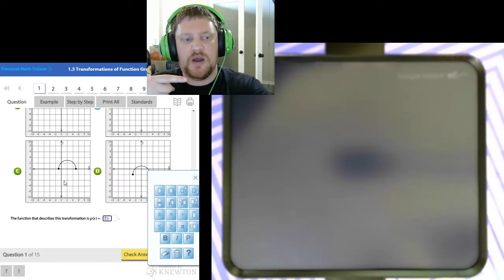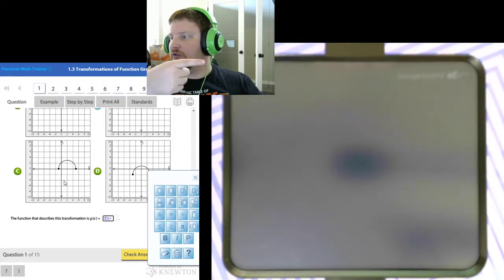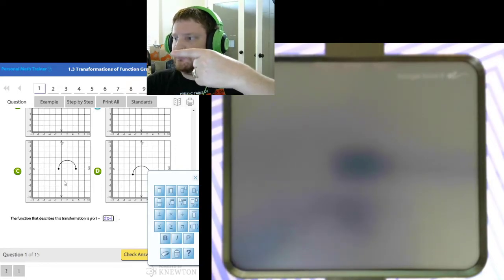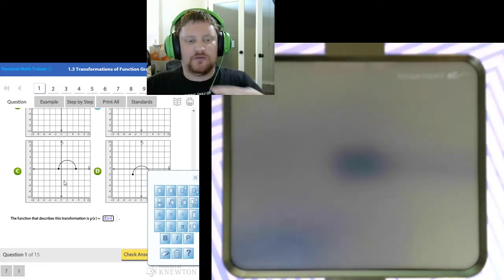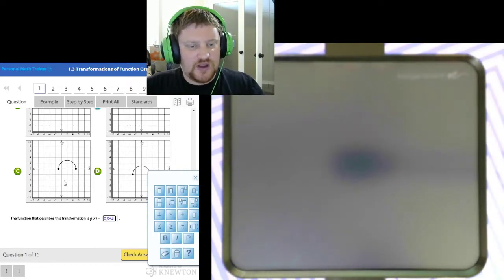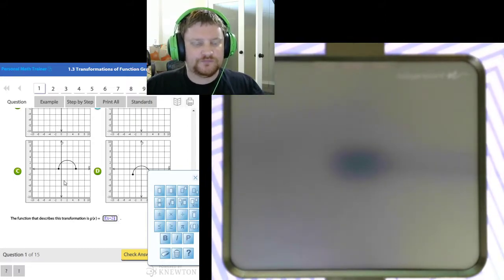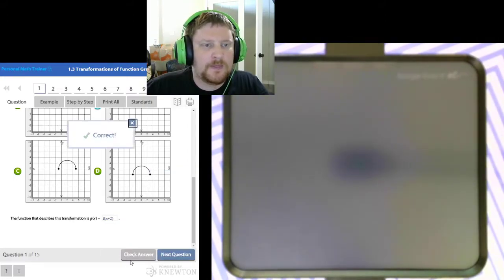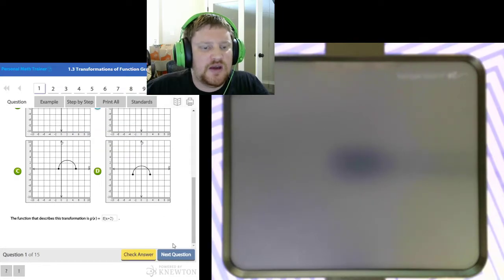Left would normally be minus. So I'm pointing to my left on the screen, so we're moving left, which would be my right, your left, plus 2. So f of x plus 2. Perfect.